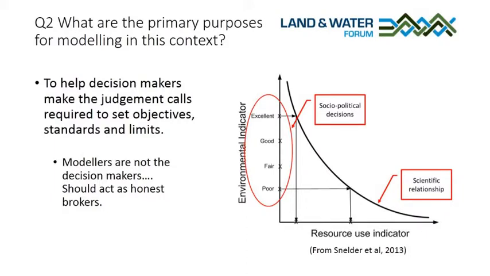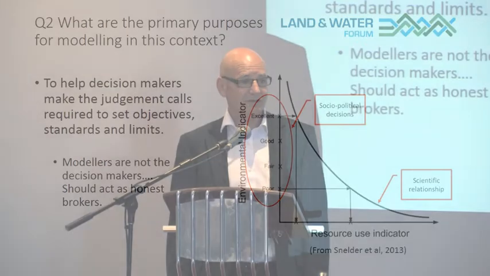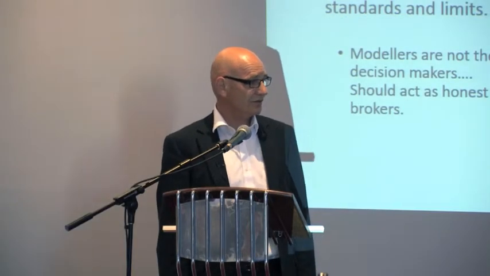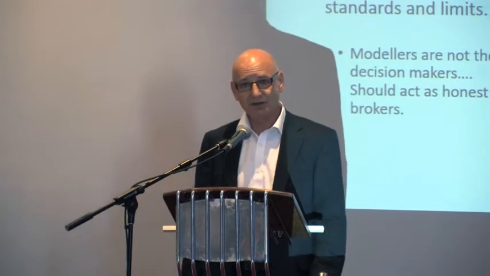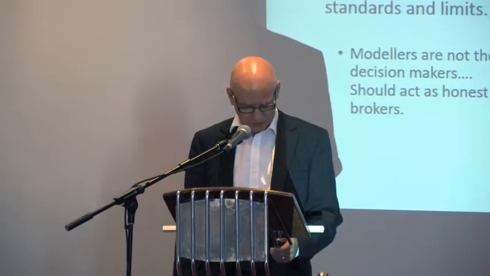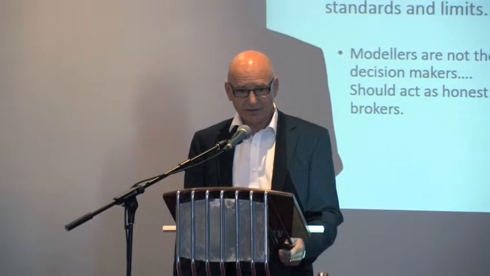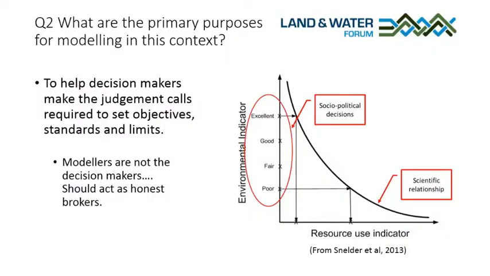So if we go back to the first purpose to do with limit setting, perhaps one of the main points I want to make is that the modelers aren't the decision makers. In my view, the modeler's role is to act as honest brokers of the information that gets fed into the decision-making process. I'd like to illustrate that with reference to this diagram put together by one of our colleagues, Ton Snelder.